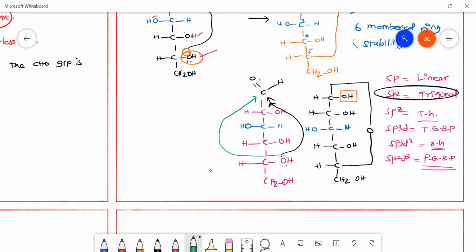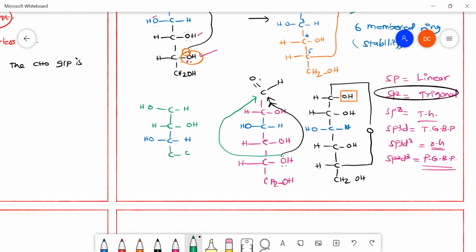Suppose the attack is from the green color, the green color attack. So what will it be? It will form a structure like this. What kind of structure can it form? See, here H, here OH, and here C, OH, H, and here also C, H, OH.